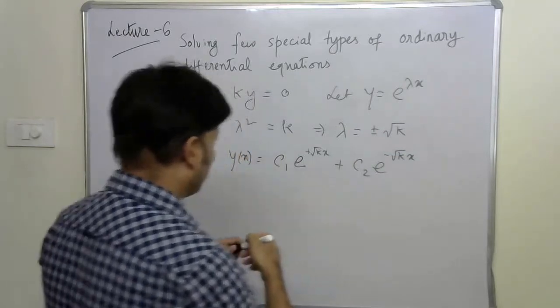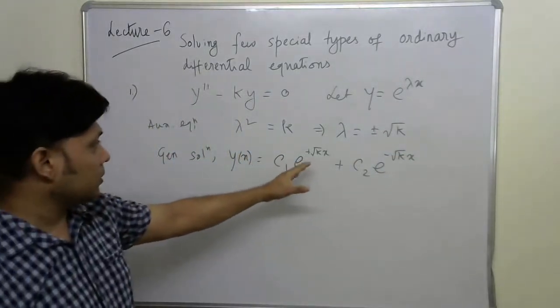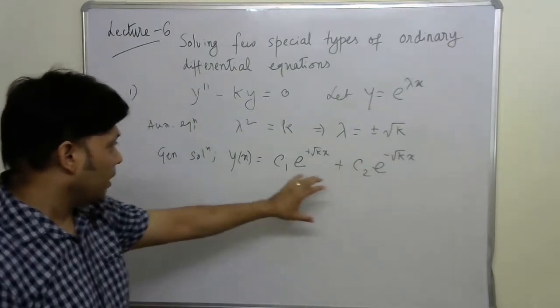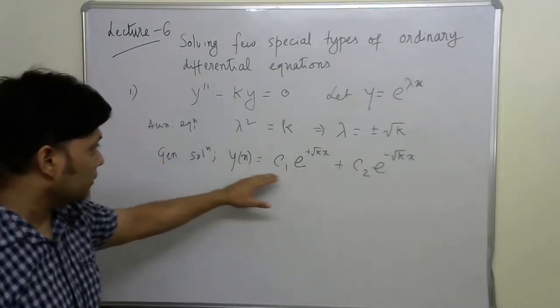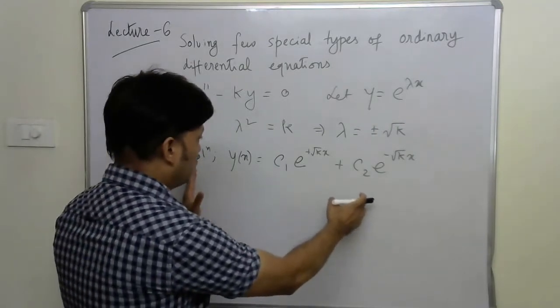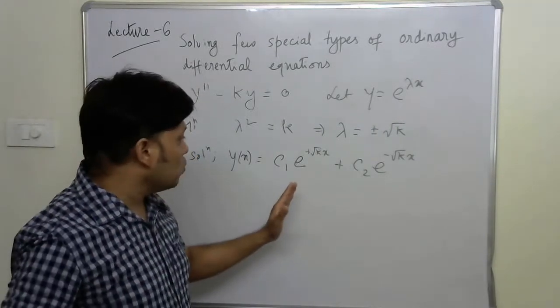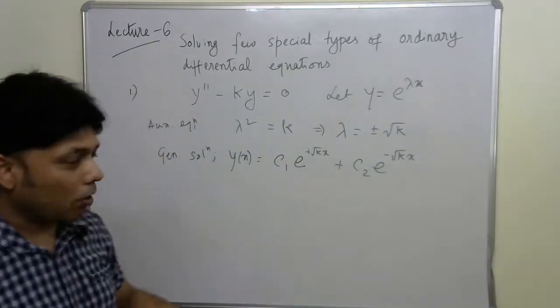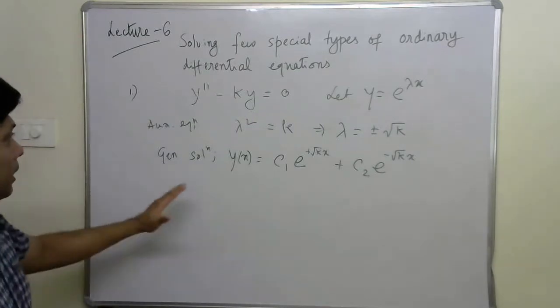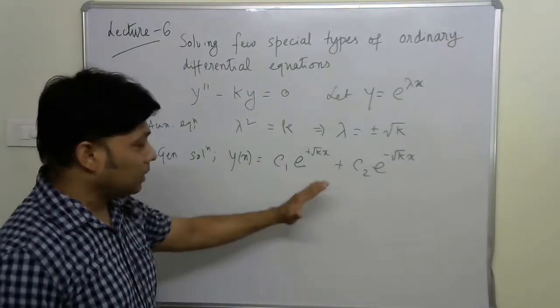So the two roots of k, that is plus of root k and minus of root k, would appear at the exponential form like here. So this becomes the general solution, whereas obviously c1 and c2 become the constants of integration. So this is definitely one of the types.